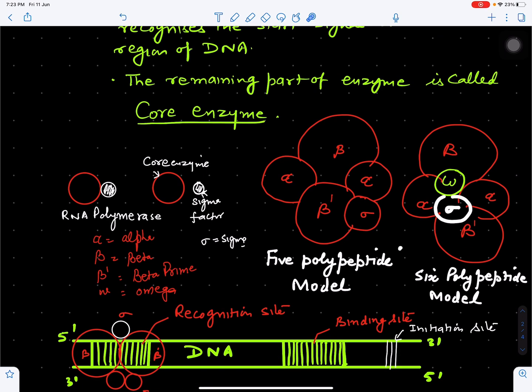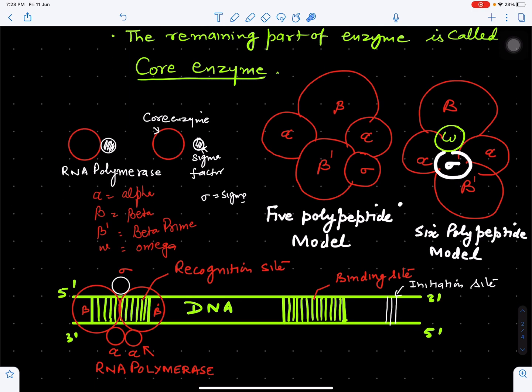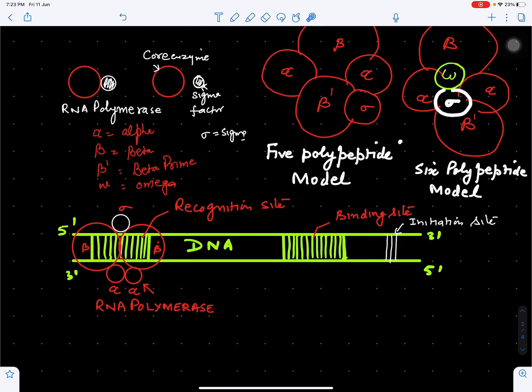Now, RNA polymerase has a core enzyme and a sigma factor. This is the core enzyme and this is the sigma factor. They may be dissociated like this and associated like this. This is alpha, beta, beta prime, omega. This is the strand of DNA from 5' to 3' direction, and this is 3' to 5' direction.